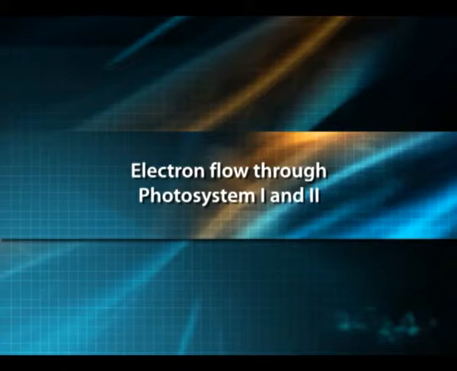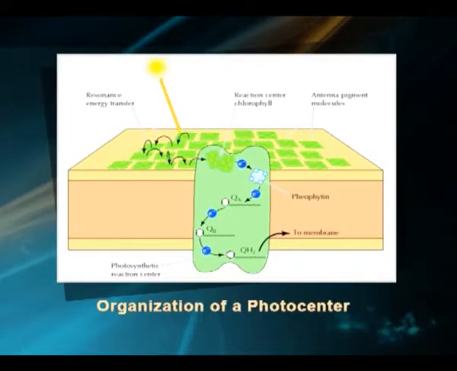Electron flow through photosystem 1 and 2. Sunlight is absorbed by photosynthetic pigments, the most abundant of which in plants are the chlorophylls. Absorption of light excites an electron to a higher energy state, thus converting the energy of sunlight to potential chemical energy.